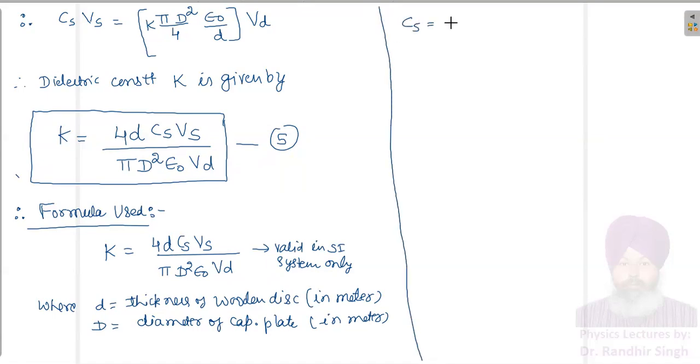CS is the capacity of the standard capacitor. I have already given its value: 50 into 10 raised to power minus 6 farad. And Vs is the voltage across the standard capacitor.